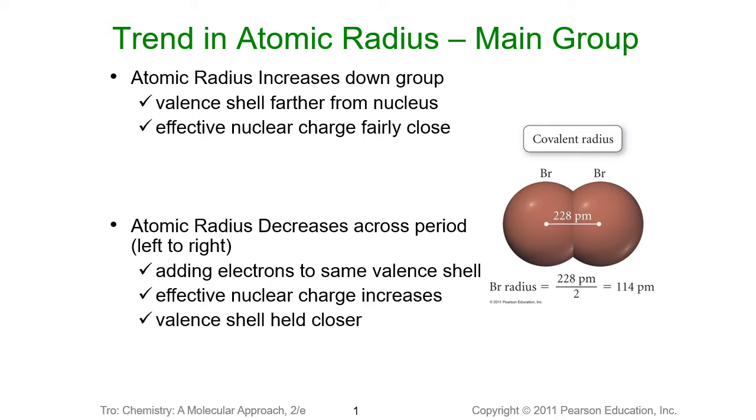Our atomic radius gets held tighter and tighter as we move further to the right on the periodic table, decreasing our radius. And so our atomic radius trend: as we go up the periodic table and to the right, our atomic radius actually decreases.